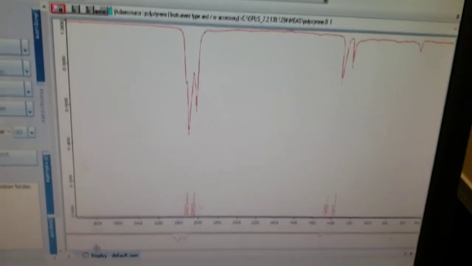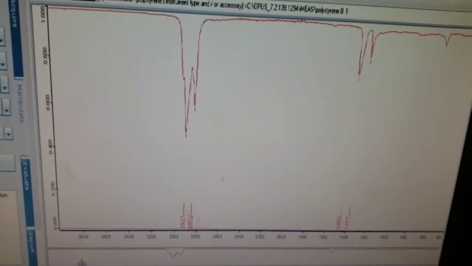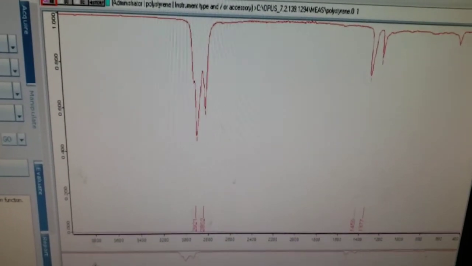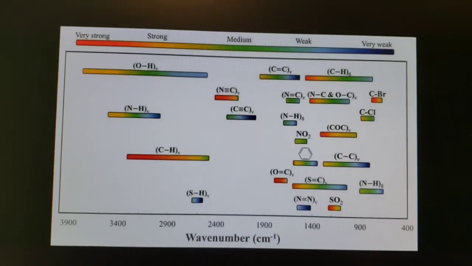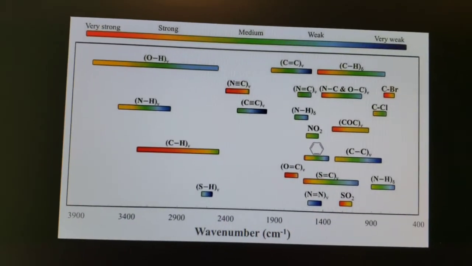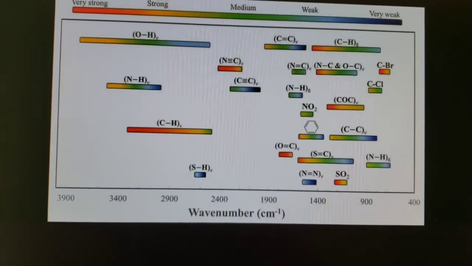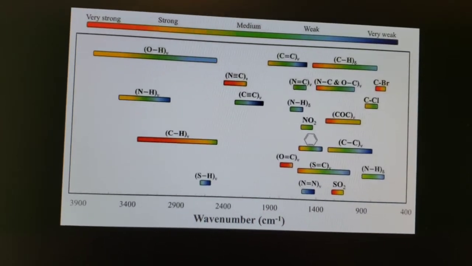The infrared spectrum gives us information about the frequency of stretches and bends within a molecule. The characteristic frequencies of vibration can be translated using a correlation table. Sometimes correlation tables are written schematically.